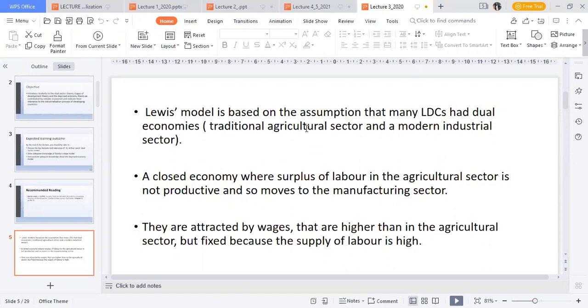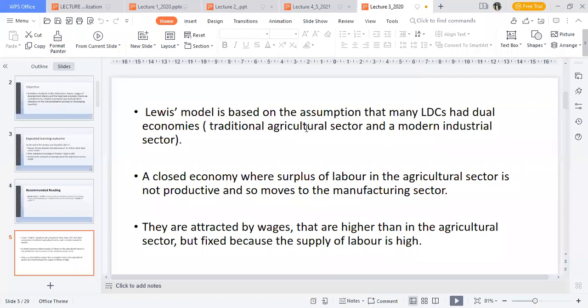Discuss the Lewis dual sector model and highlight some criticisms raised against it in contemporary modern industrialization. So, little question. Let's continue.